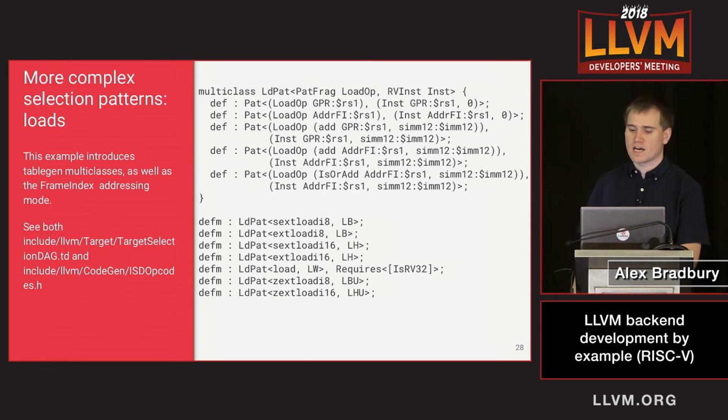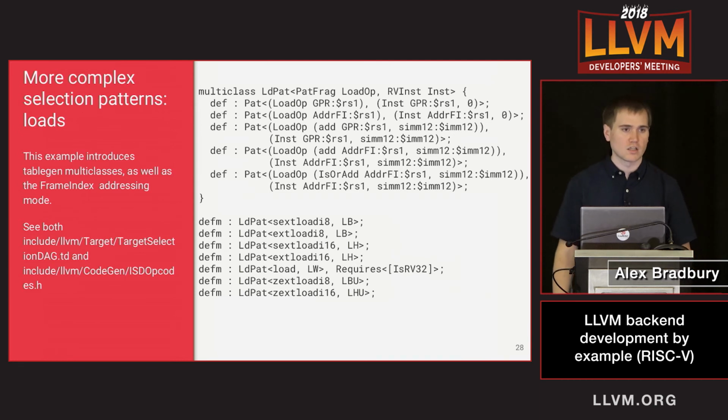This is a slightly more complex address generation: a base address plus an offset, and we want to match that to our load operation because, of course, our load operation is a base address plus offset.